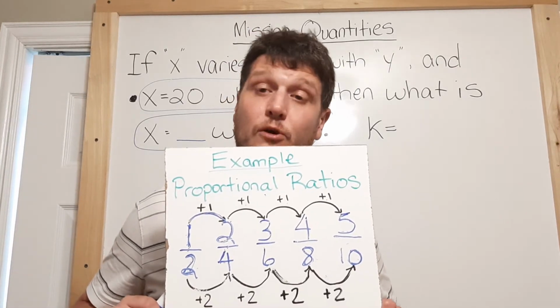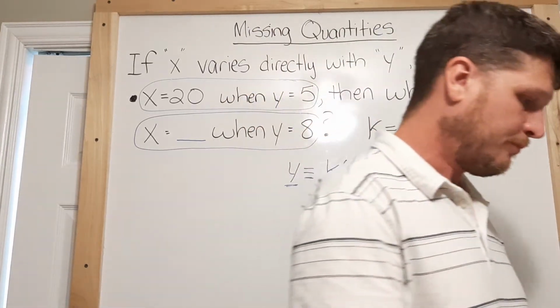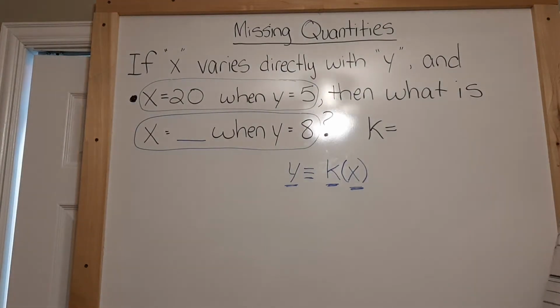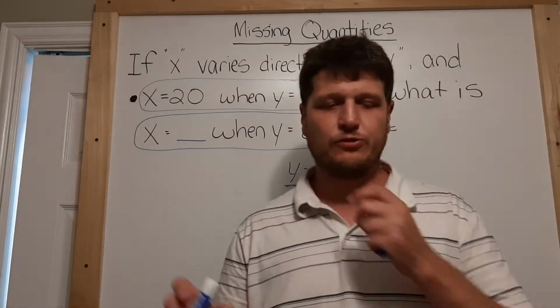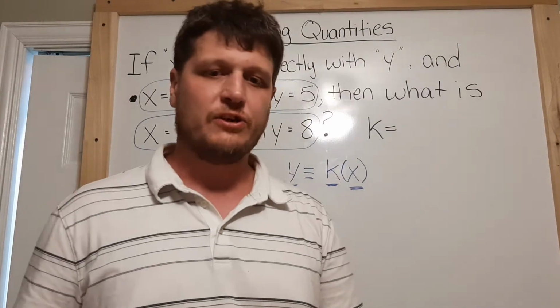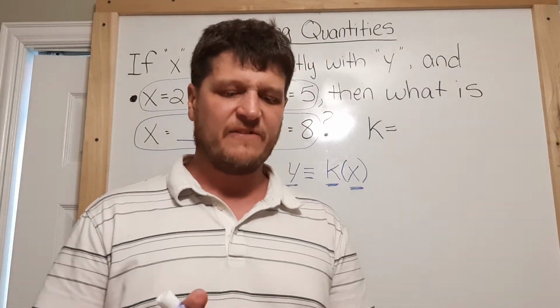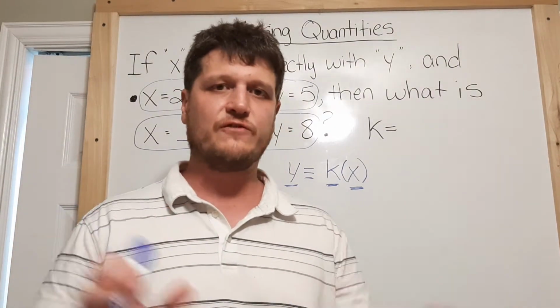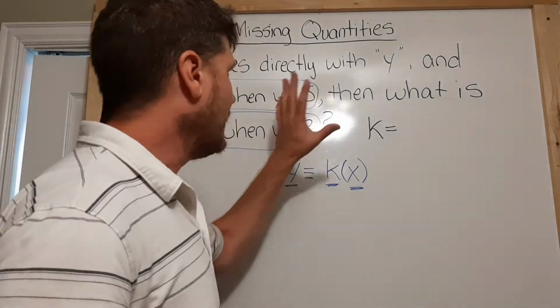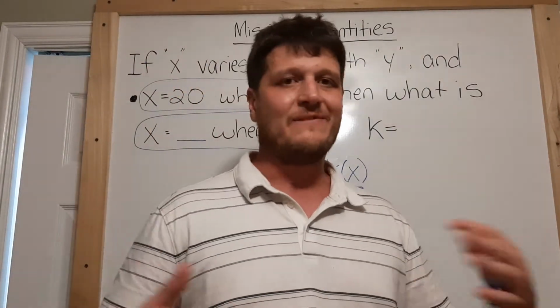I wanted to go back a little bit to the basic ratios in math, just to set the stage for what we're going to do. We're going to have an example.